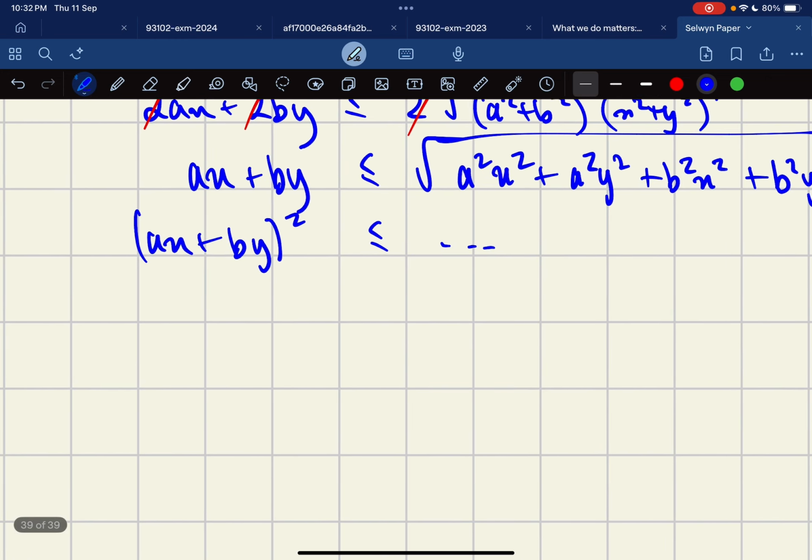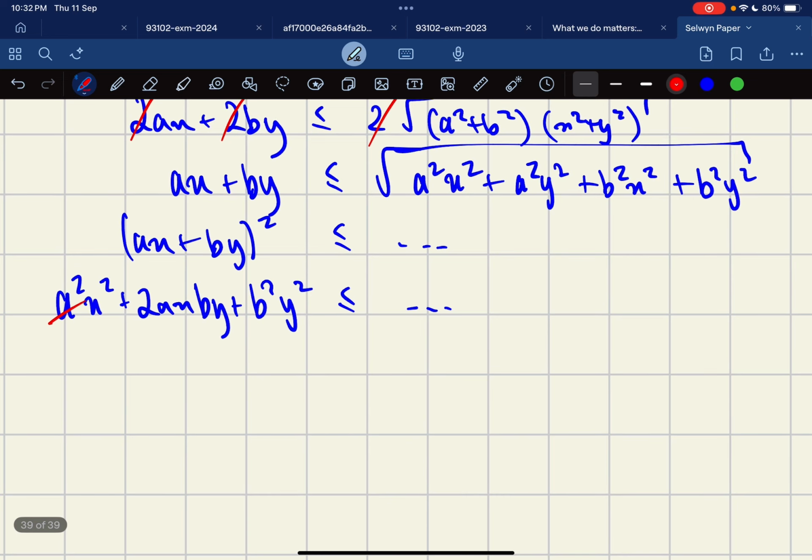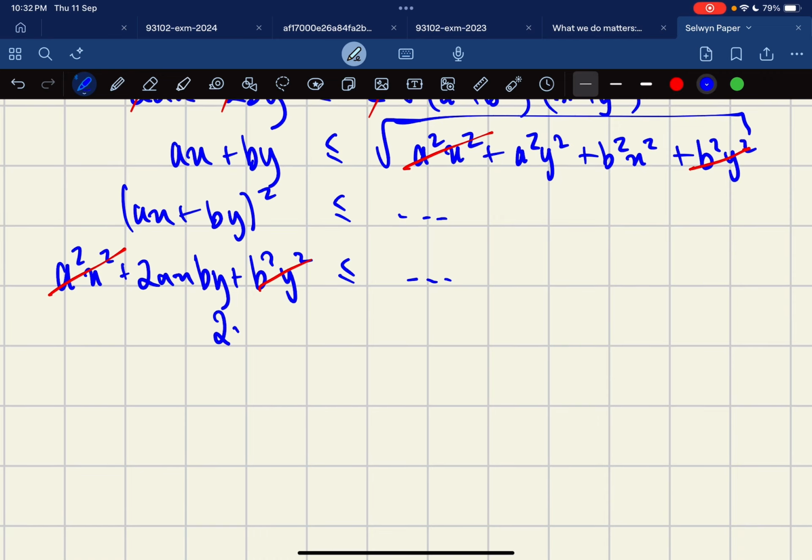So then expand out the left side brackets. You get a squared x squared plus 2axby plus b squared y squared less than or equal to all of that. And you'll notice that in the square root, you got a squared x squared cancelling with the a squared x squared there, b squared y squared cancelling with b squared y squared over there. So you're left with 2axby less than or equal to a squared y squared plus b squared x squared.